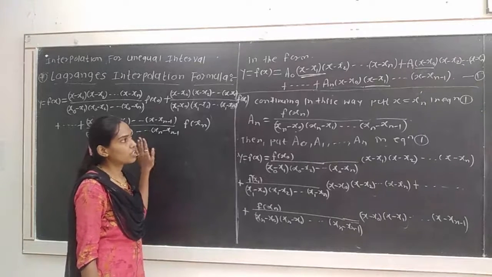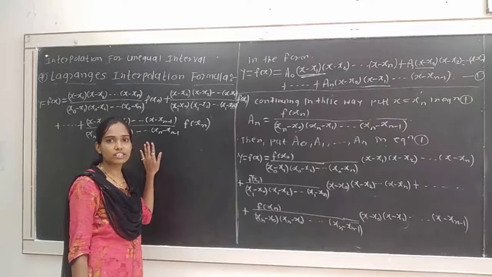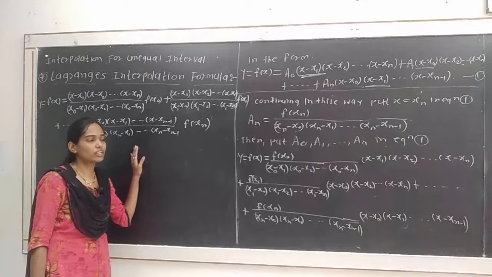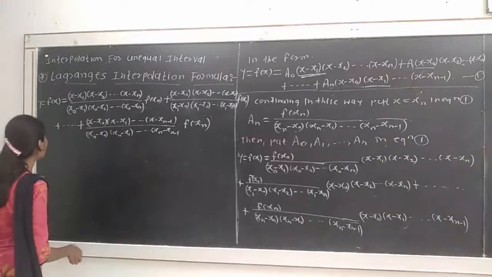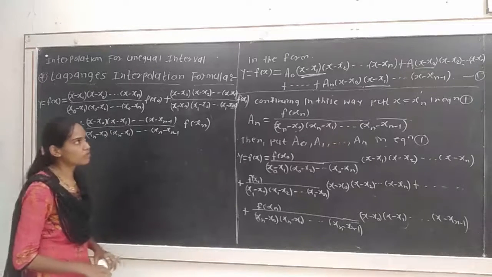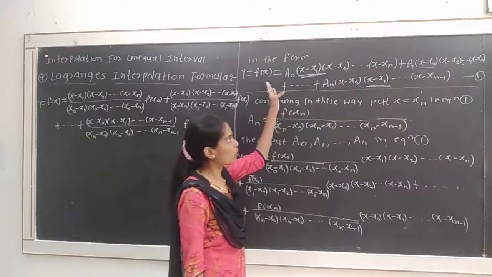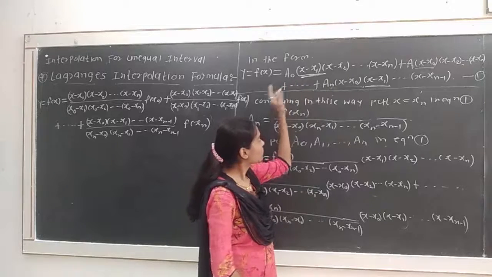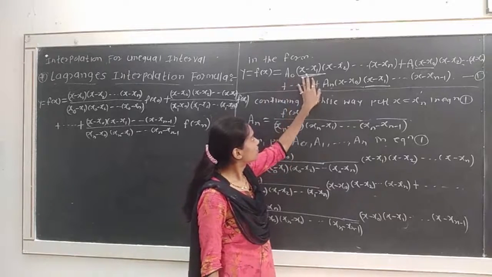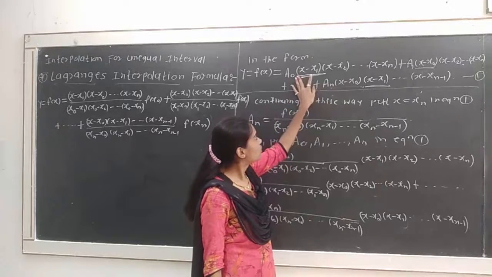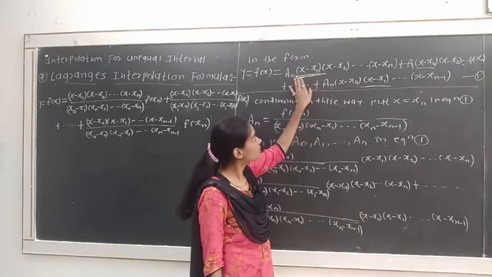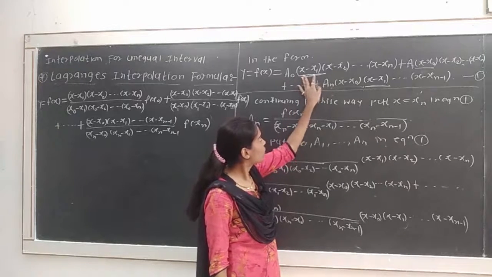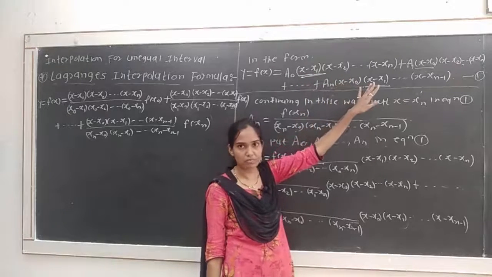So if we are asked in an exam to only interpolate the function, we obtain the Lagrange's interpolation formula by considering a polynomial of degree n in this form: a0 with the factor x − x0 missing, and we consider the factors x − x1, x − x2 up to x − xn.